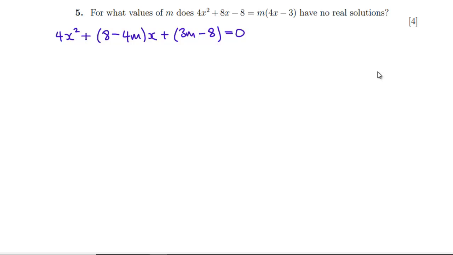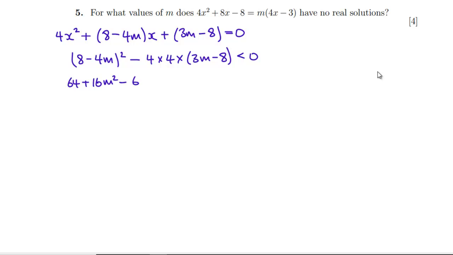So we need no real solutions. So we need our b squared, which is that, minus 4 times a times c, and we need that to be less than 0. So that is 64 plus 16m squared minus, what's that, 64m, and then we've got minus 48m, and 4 times 4 times 8, and the minuses are going to cancel, so 8 16s is 128.